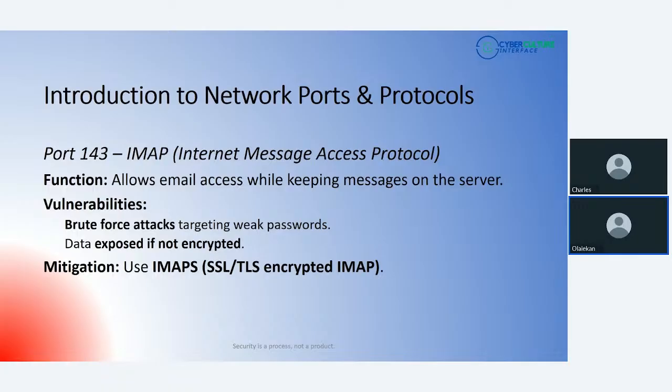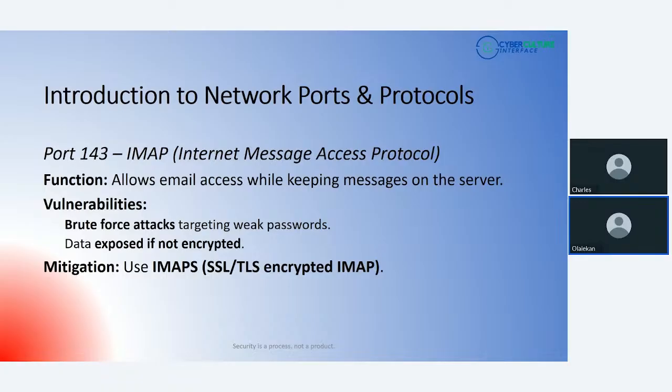Okay. And then the vulnerability here is that a brute force attack can happen. Because you can check from several places, people can try to simulate access. Brute force means they keep trying different ways of accessing it, trying different passwords until they get the right one.